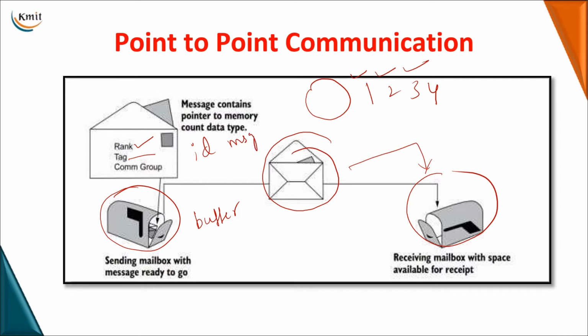When you are sending multiple messages from A to B and you want to identify the messages, each message will have some number associated with it, that we call a message tag. And communication group is the set of processes dealing with the communication, that is, how many processes are involved in the communication.